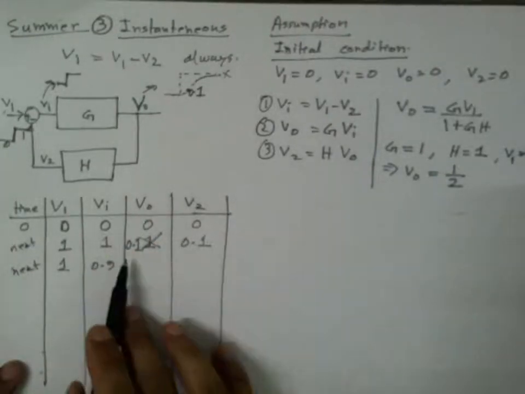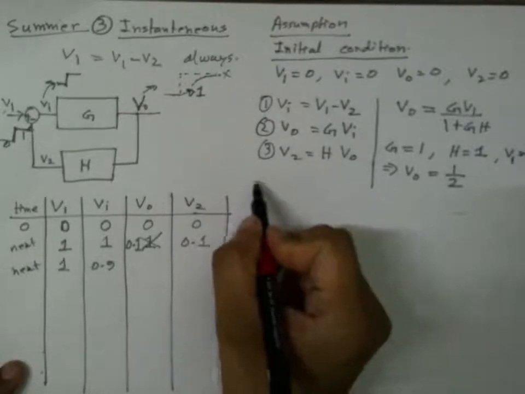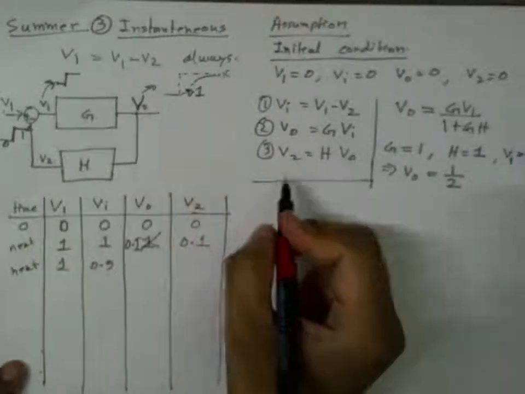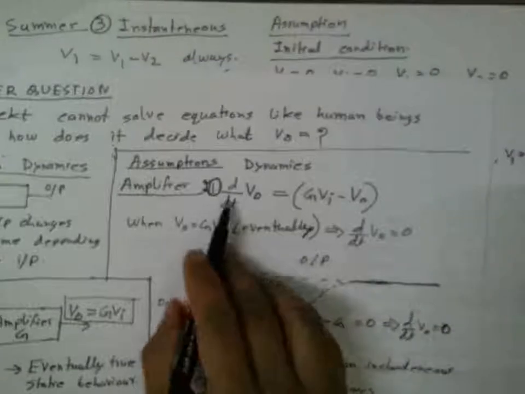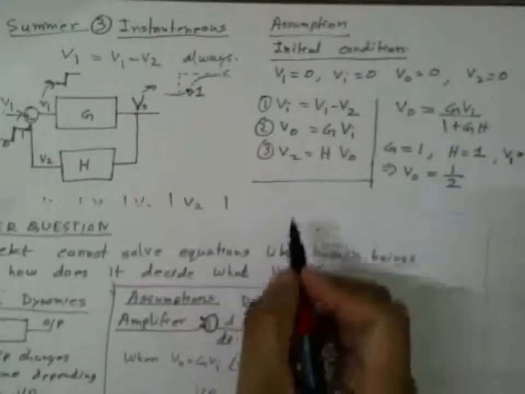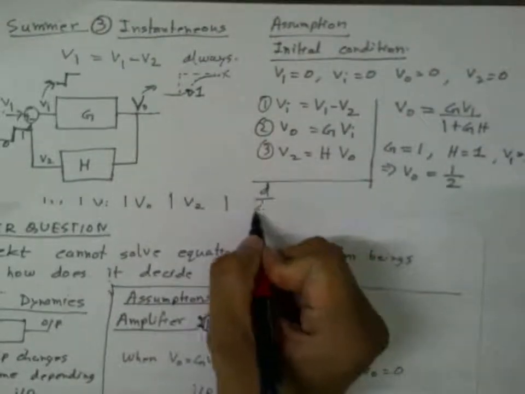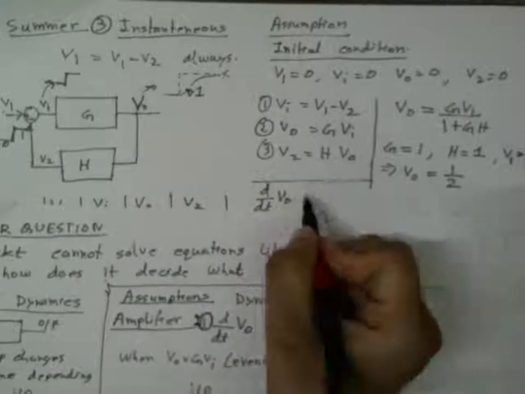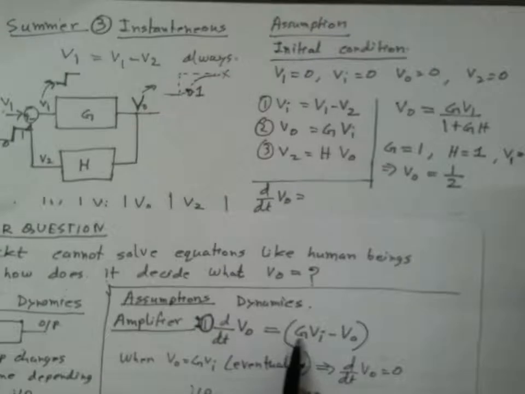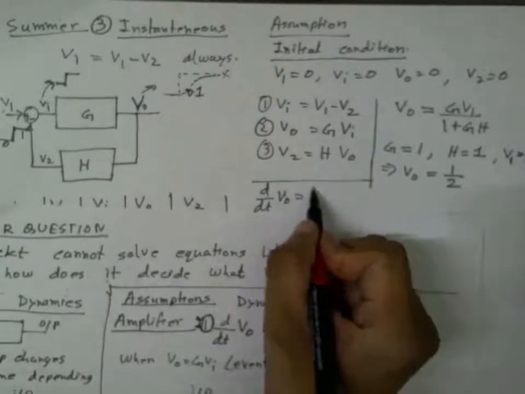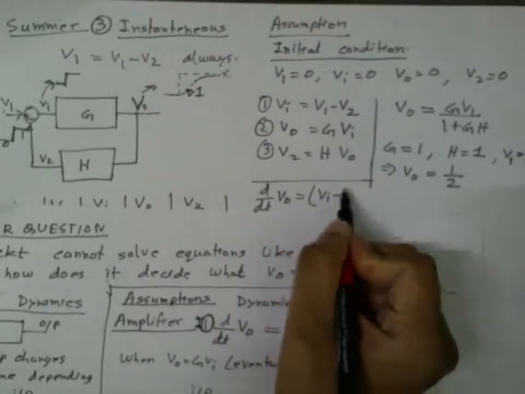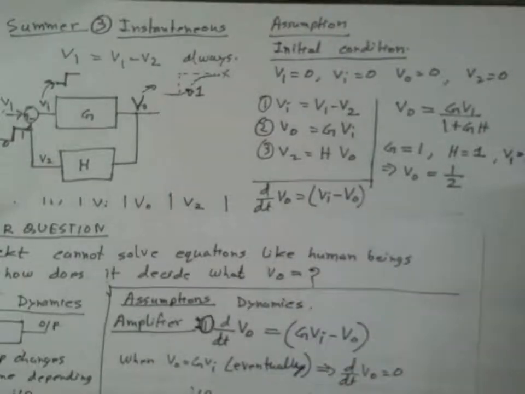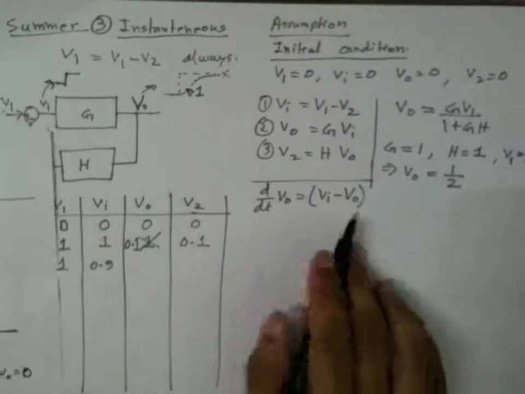For that we also need the dynamics of this amplifier, and let's recall this dynamics. It says d/dt of the output VO is equal to, now G is 1, so I can write Vi minus VO, right? Okay, so Vi minus VO.